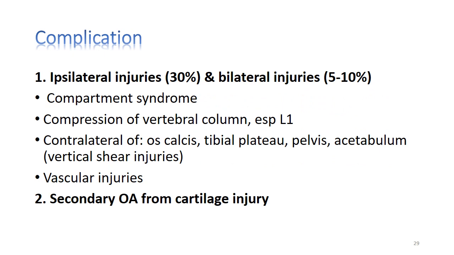For the complication, if the patient has an ipsilateral injury, 30% of them will develop some of these complications, while if there is bilateral injury, 5 to 10% will develop these complications, which are compartment syndrome, compression of the vertebral column, especially at the lumbar one, and then contralateral injury of the calcaneus, tibial plateau, pelvis, and acetabulum, which have the vertical shear injury, and then the last one is vascular injury.